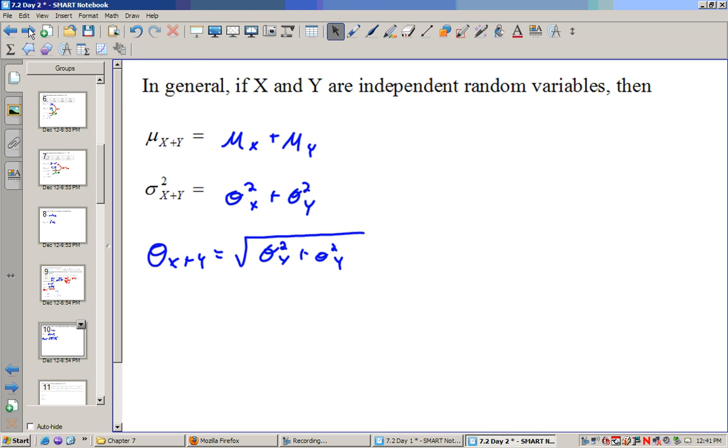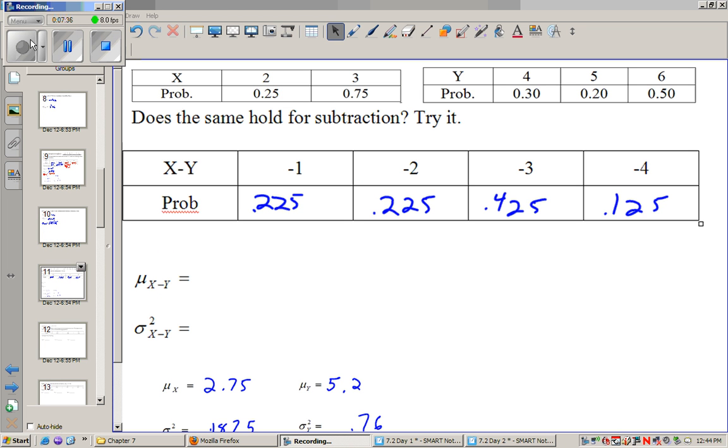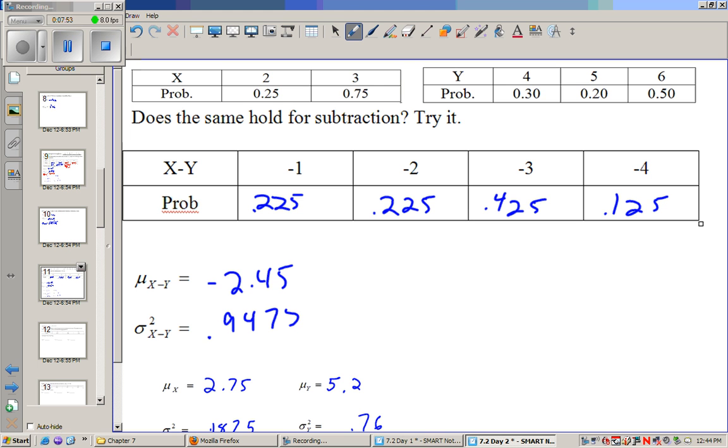All right. Now if we do this by subtraction, you take a second and try to do this on your own and see how far you get. All right. Now, hopefully you got these probabilities, and I have a mean here of negative 2.45, and I have a variance of 0.9475.